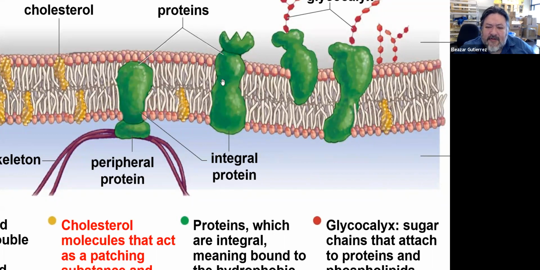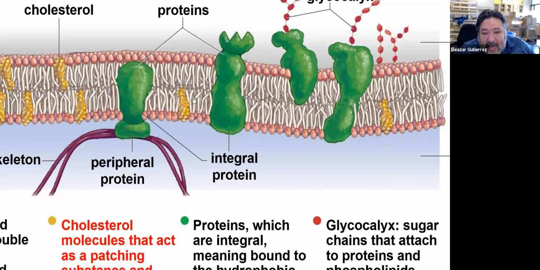Very, very cool. But the point is, if the cell needs nutrition and it's taking in, let's say, yummy glucose, that glucose requires an integral protein, because that integral protein spans the phospholipid bilayer, right? If the channel looked like this, it wouldn't work. The glucose would come in, and then it gets stuck there.